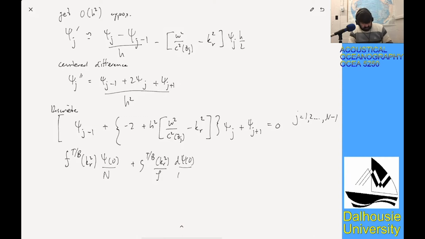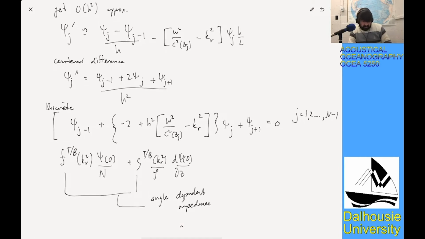And these are the angle-dependent impedances, which are very convenient because they allow, so this is a convenient form, because you can allow elastic bottoms, more complex bottoms in general, okay? And we've got to make this equal to something here.